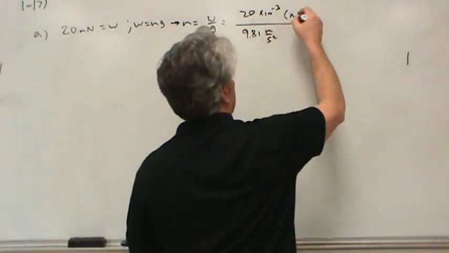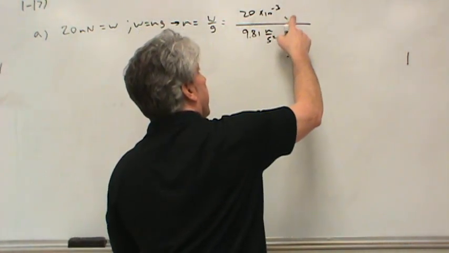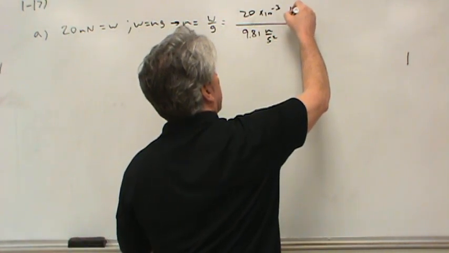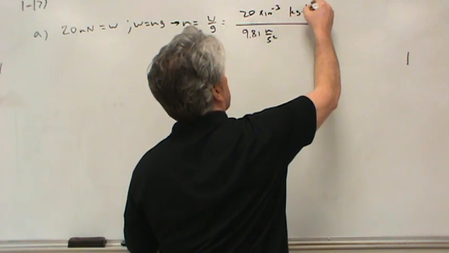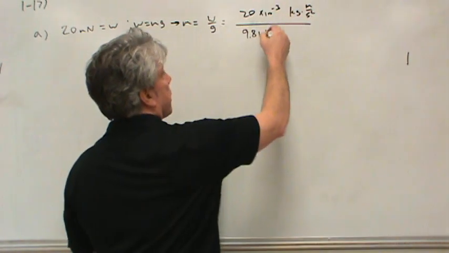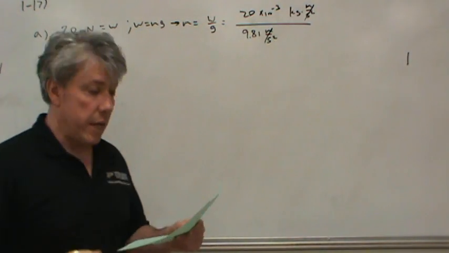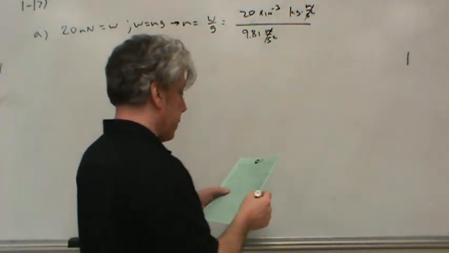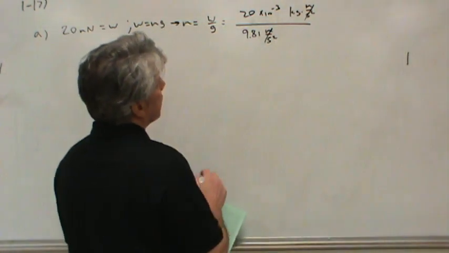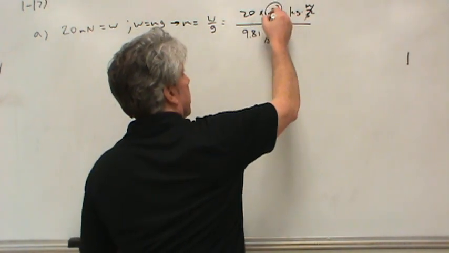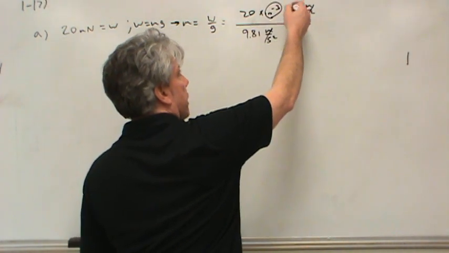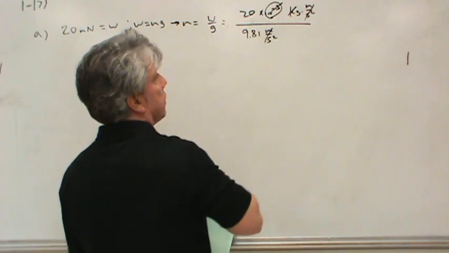Now, a newton, we could get rid of that in favor of kilograms meters per second squared, because that's the same thing, and then the meters per second squared would cross off, and you'd see that we're left with kilograms. Now, of course, 10 to the negative third, and k, which is 10 to the third, would cancel.